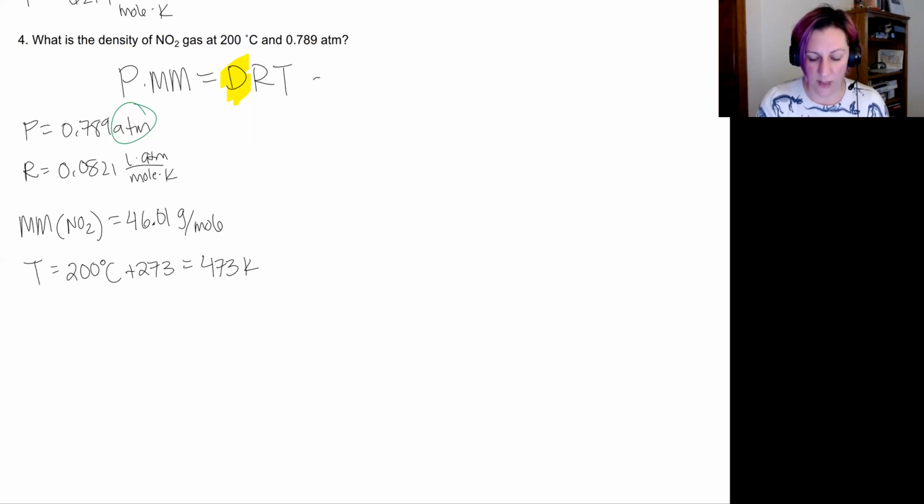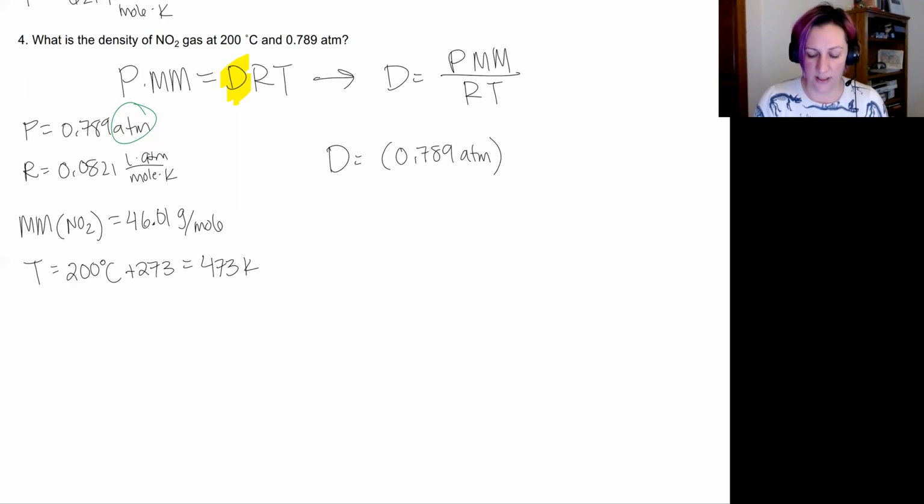I'm going to rearrange it and set density equal to everything else so I can just plug into my calculator. So that'll be pressure times molar mass divided by gas constant times temperature. So that density is going to be equal to my pressure of 0.789 atmospheres times my molar mass of 46.01 grams per mole, all divided by my R value, which is 0.0821 liters times atmospheres divided by moles Kelvin.